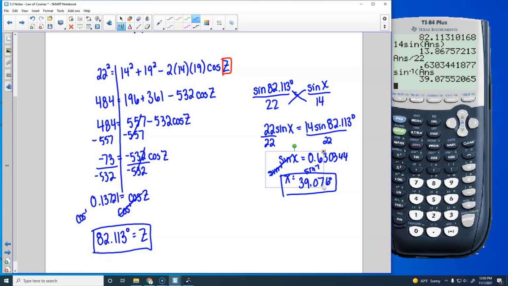Okay. We are still not finished because we need to know y. And to find the measure of angle y, I just need to do 180 minus the two angles I already know.